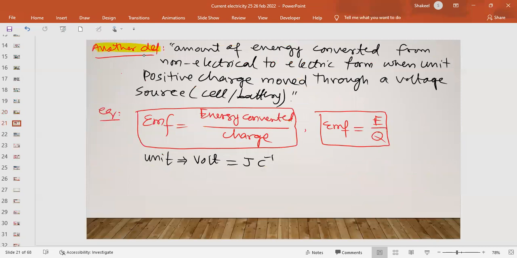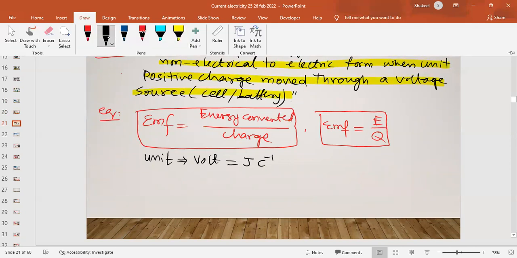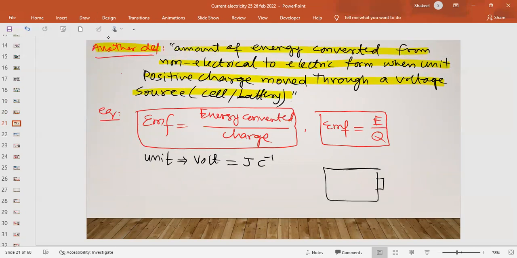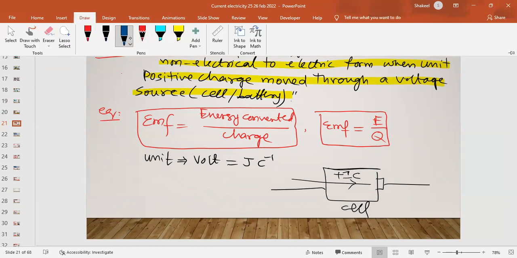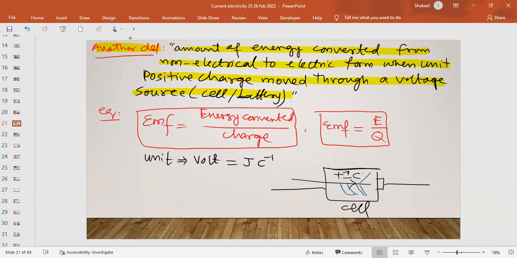Okay, there is another definition as well. It is the amount of energy converted from non-electrical form to electrical form when a unit positive charge moves through a voltage source. Let me explain this. If this is a cell connected in a circuit, and 1 coulomb of positive charge is passing through it, the cell will be giving its chemical energy to the 1 coulomb charge.